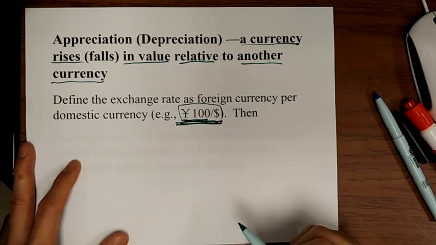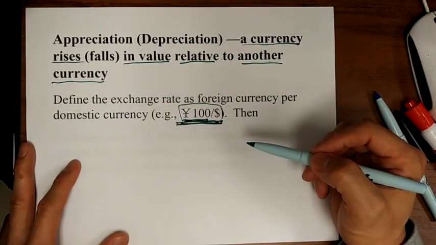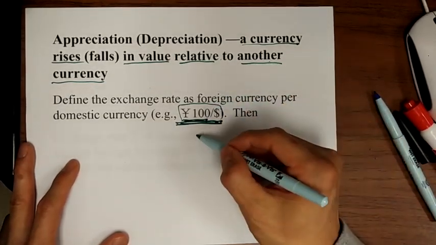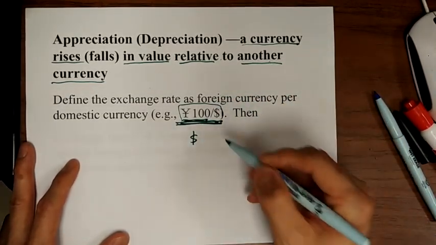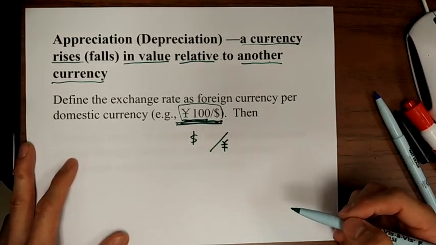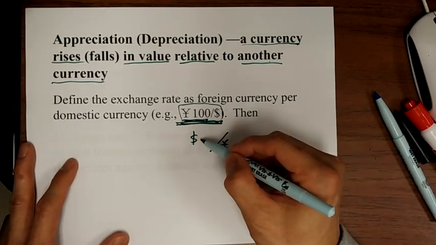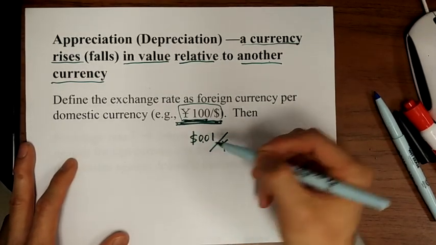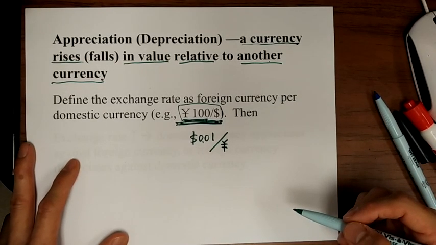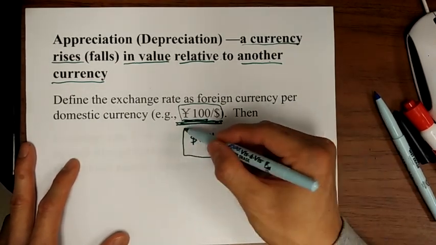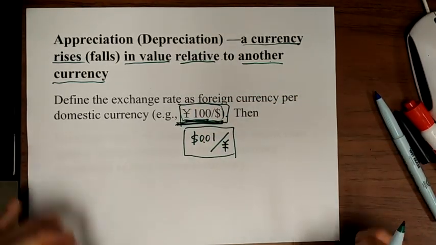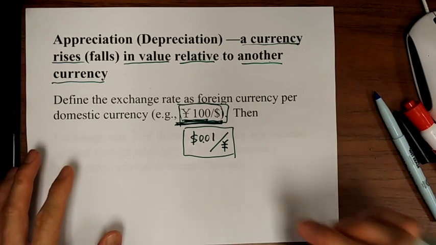Therefore, if I define exchange rate the other way around as domestic currency per foreign currency, say for example, 1 cent per yen, are these two exchange rates exactly the same? The answer is yes.